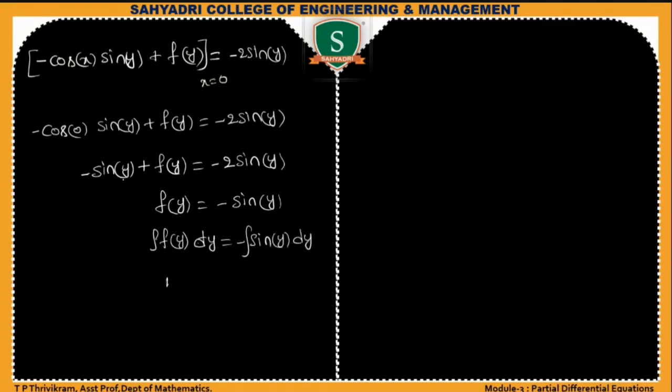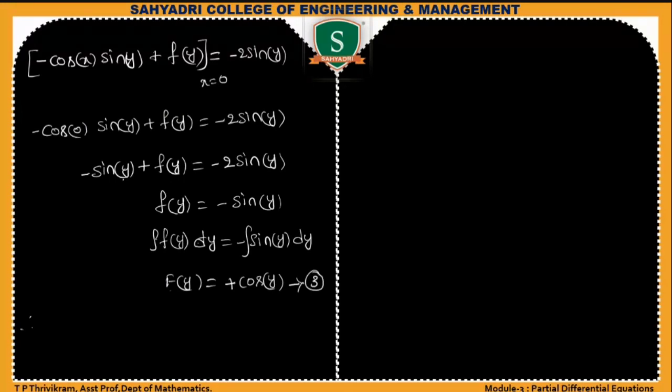This is nothing but capital F of y, which is equal to minus of minus, we get plus cos y. So we got capital F of y as cos y. Substitute this cos y in equation 2. We write this as equation 3.